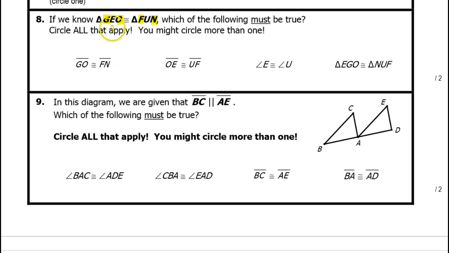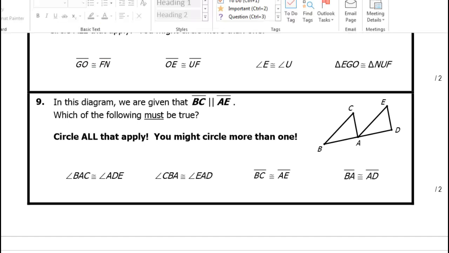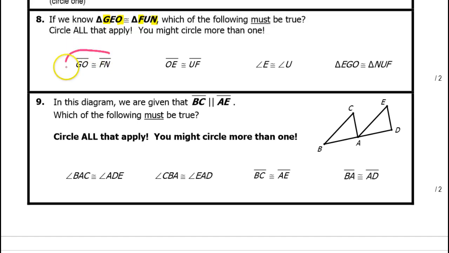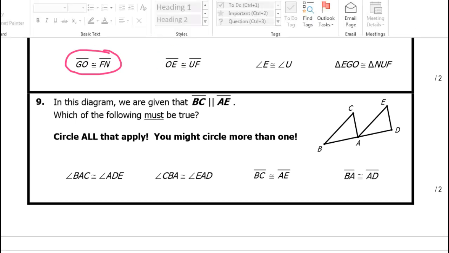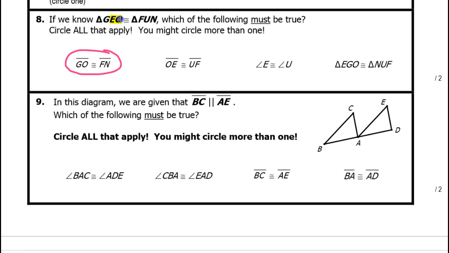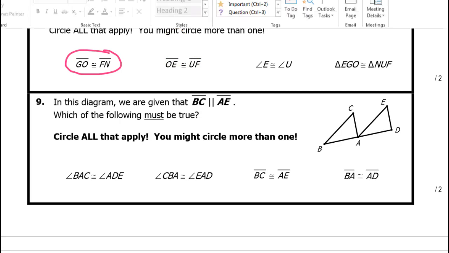All right, just going by the positions, G and O, that's the beginning and the end, corresponds to F and N. So these will definitely be congruent. Okay, what about OE? OE will be congruent to UN, not UF. So we won't circle that one.